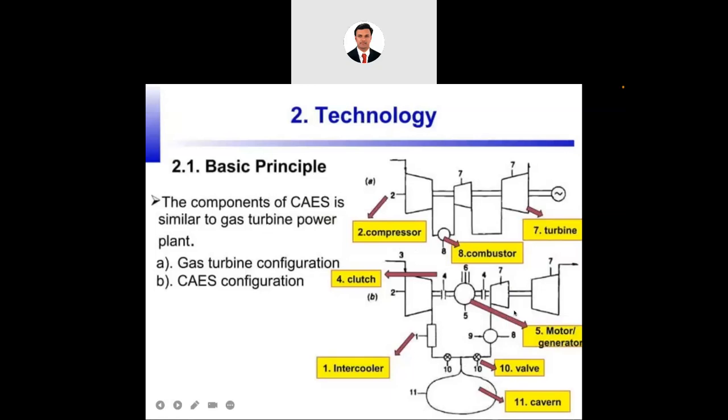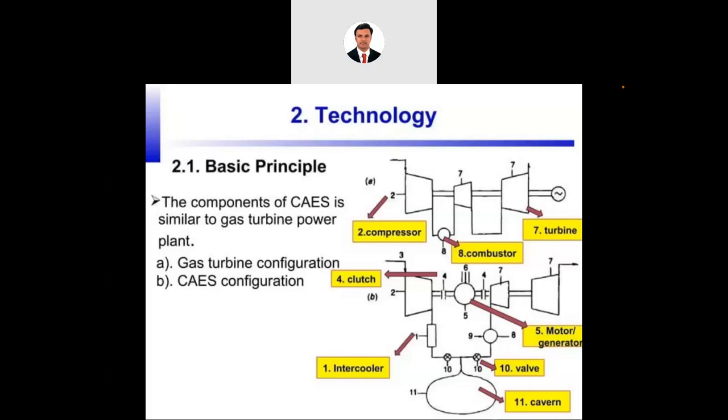In that case, we are using this compressed air to run the different turbines, and we will produce the extra power. So that's how we use compressed air energy storage. It is very similar to the pumped storage. In pumped storage, we convert the electricity into the potential energy of the water.